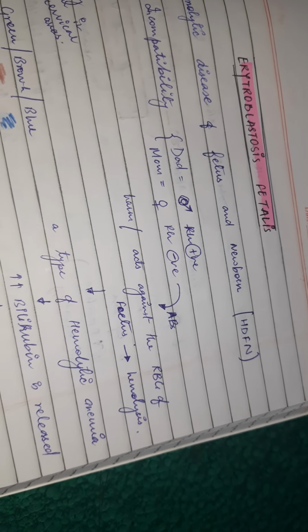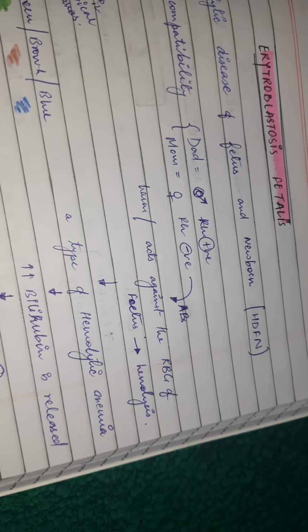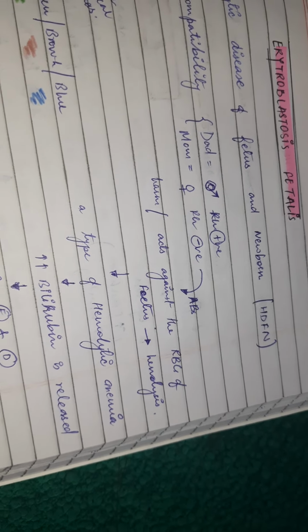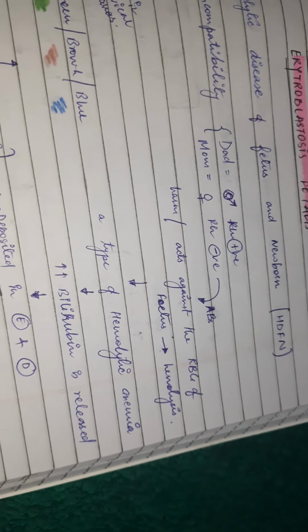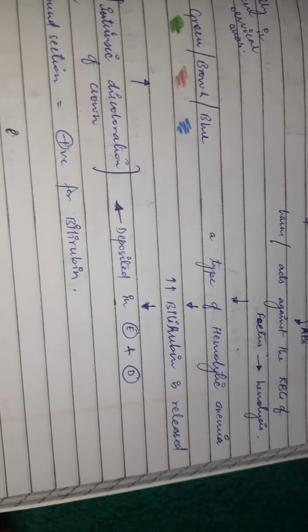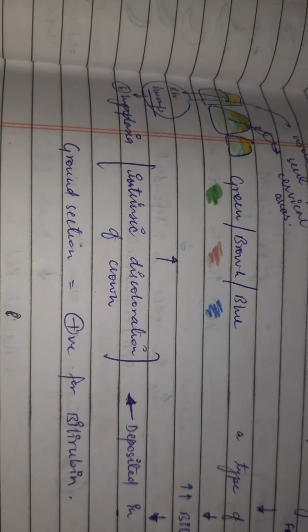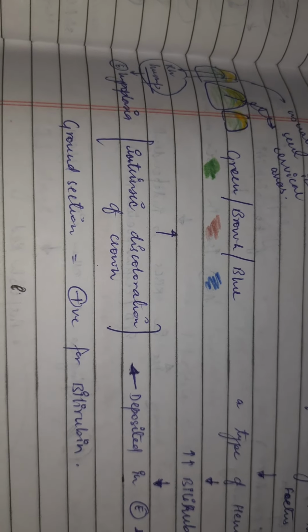Hemolysis will occur, a type of hemolytic anemia, releasing increased bilirubin, which deposits in enamel and dentine, and then intrinsic discoloration of the crown will occur.